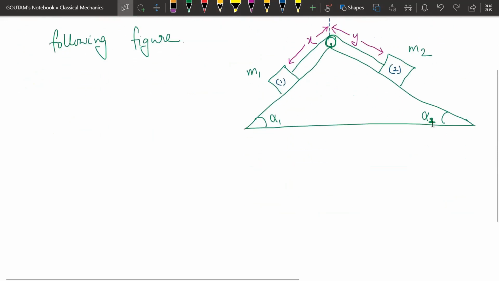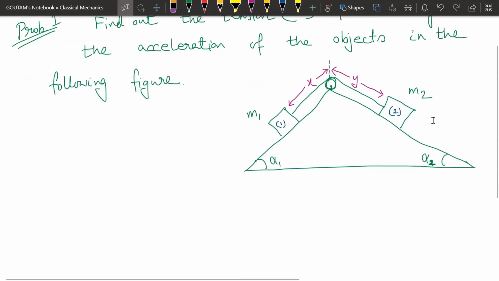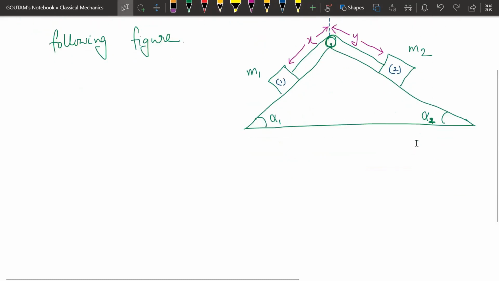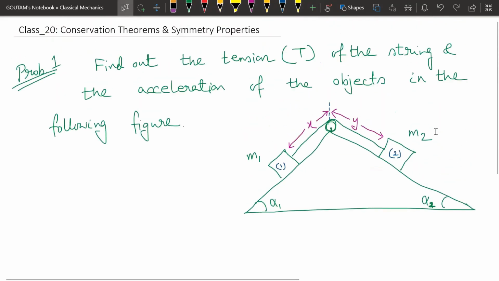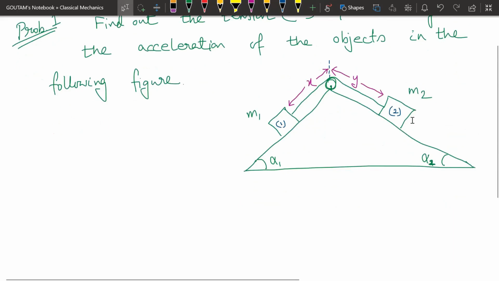So we have two coordinates, but these two coordinates are not independent because the length of the string is fixed. So we have a constraint equation, that is x plus y equals a constant, and that is the length of the string.